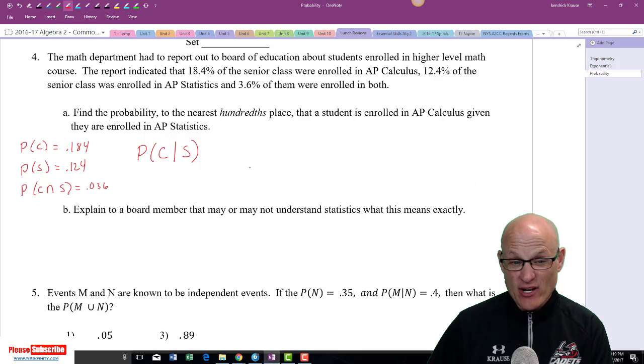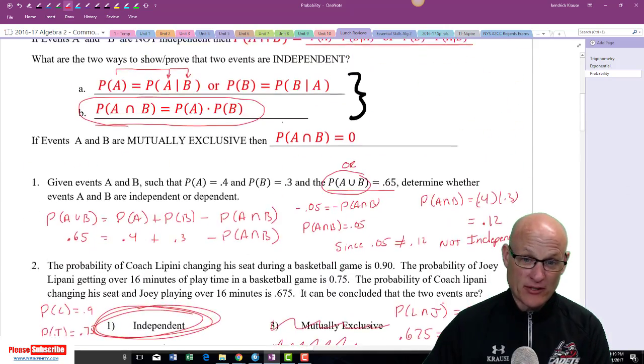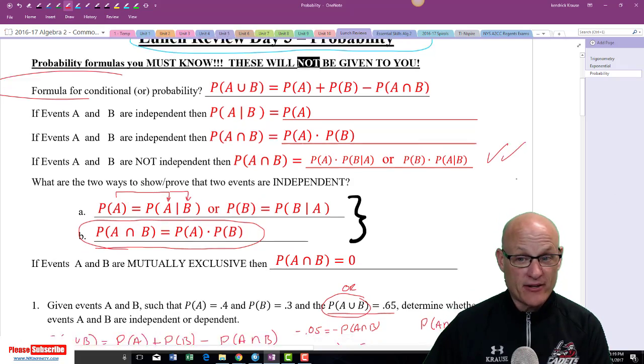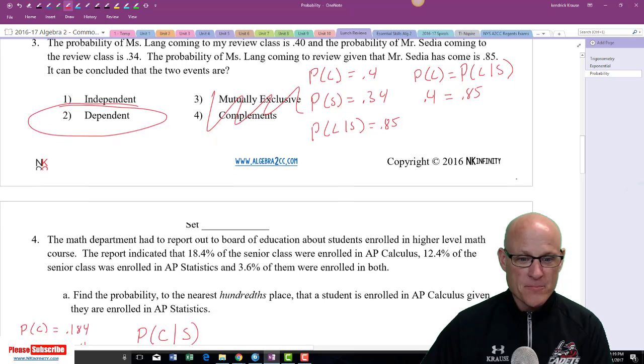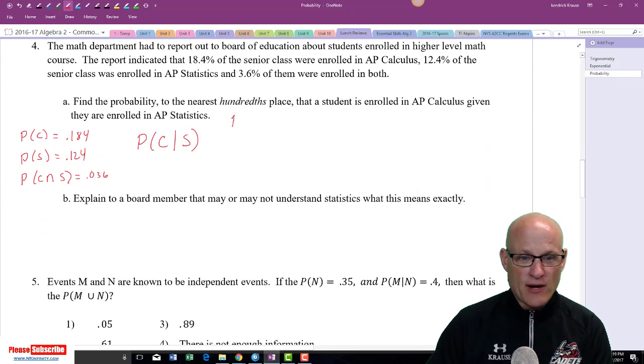Well, I didn't tell you whether or not they're independent. If they don't tell you that they're independent, I have to use one of my dependent formulas, right? These are my dependent formulas right here. And those formulas are simple. The probability of calculus and stats is equal to, remember, you write the independent formula and then keep writing.